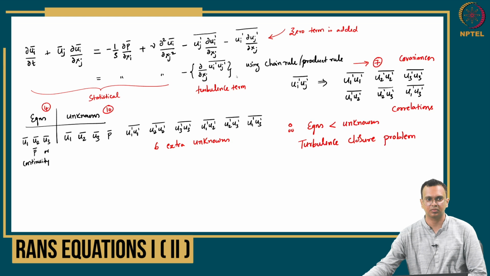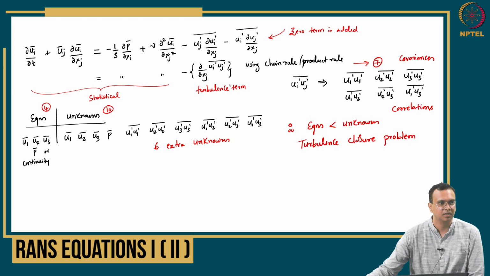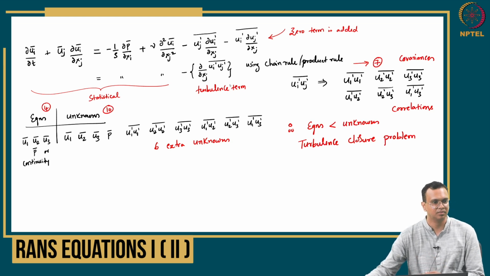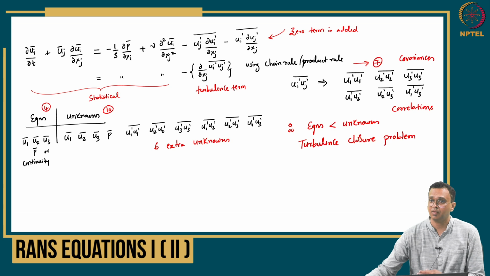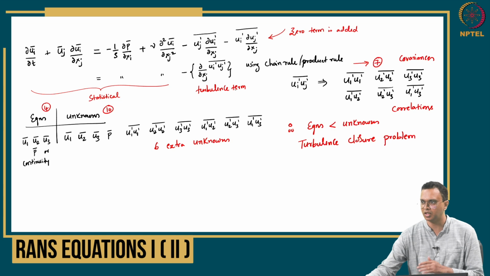Now one can argue, what is the big deal here? We had the same problem while looking into the Navier-Stokes equations, right? It was a momentum equation. The momentum equation became Navier-Stokes only upon adding Newton's law of viscosity. Otherwise, it's a general momentum equation. When it was dou tau ij by dou xj, it's a general momentum equation applicable for any type of flow.